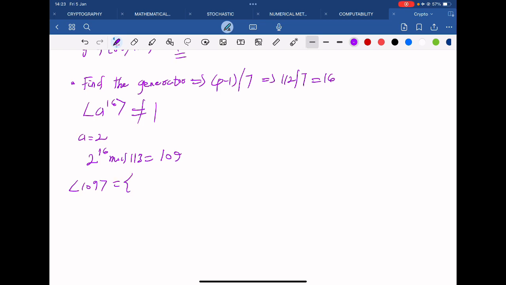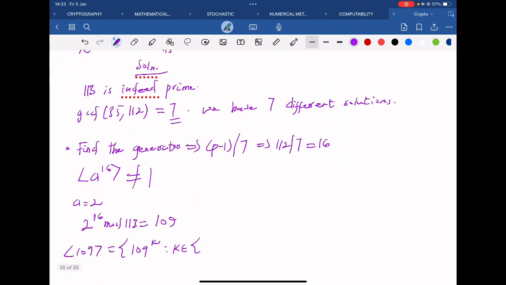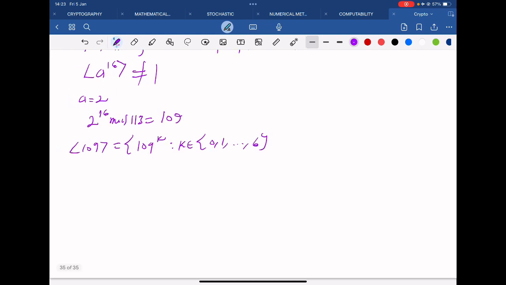So we are going to get this 109 raised to the power k, where k belongs to how many over here? So we are going to get 7 solutions. So 0, 1, up to 6. Okay.